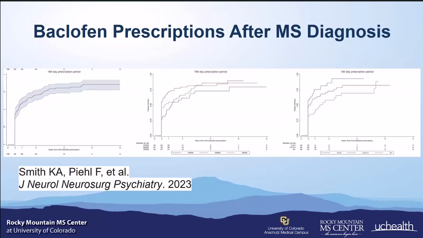And the one on the very right is broken down by EDSS, or how disabled a person was, with the lowest levels of disability at the top. So you can see, even in the people who had higher levels of disability, there was still that same pattern: within 180 days, most people seem to stop taking it, but it was less so with people who had higher levels of disability.